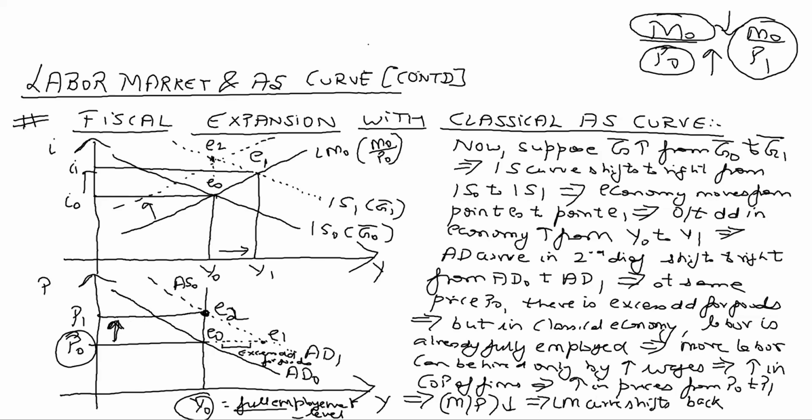When prices rise, the real money supply falls, which will cause the LM curve to shift back till the economy reaches point E2. So you can see interest rates are further rising.